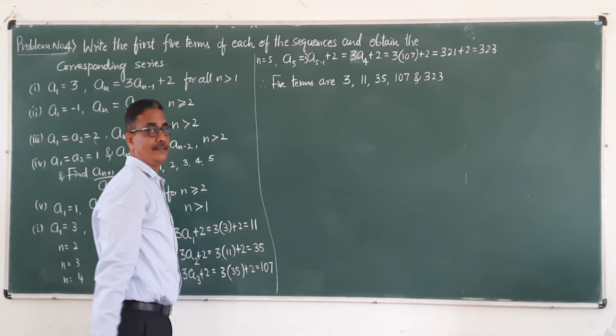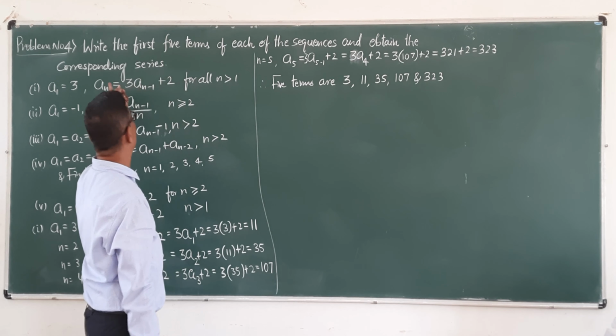These are the sequences. Also, obtain the corresponding series. Therefore, the corresponding series is: add these, 3 plus 11 plus 35 plus 107 plus 323 and so on. This is the corresponding series.